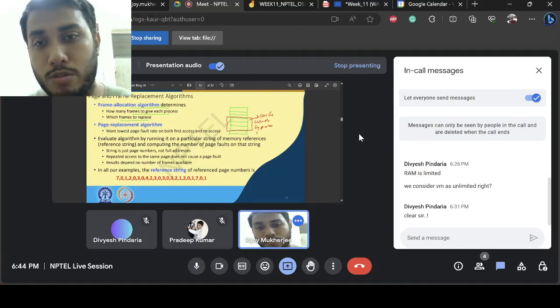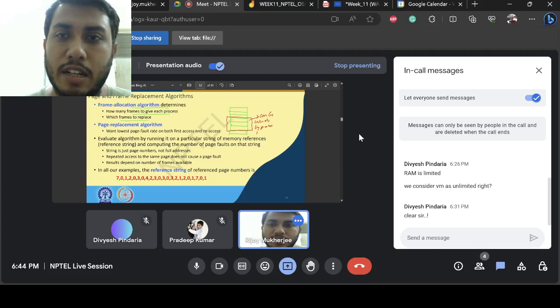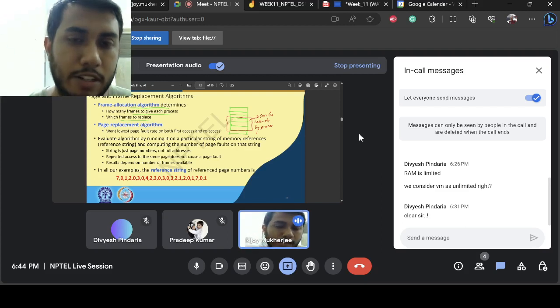Only this set of frames you can use. That is determined by your frame allocation algorithm.